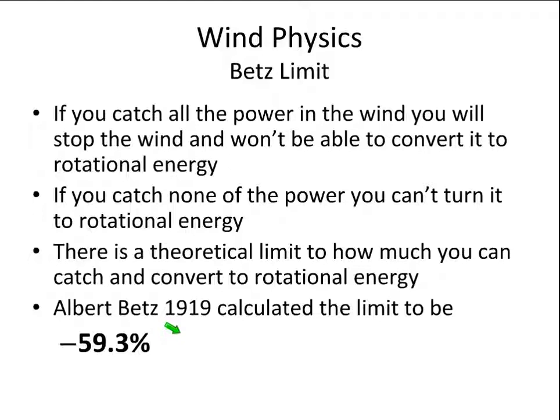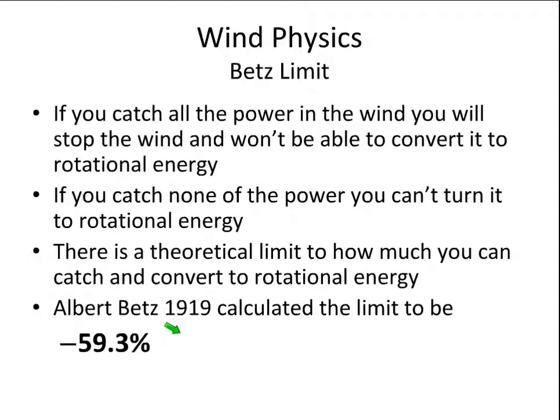What we're doing is taking energy that's movement in the air and turning that into rotational energy, and then in turn turning that rotational energy into electrical energy. Even on the rotational energy side, there's no way that we can catch more than about 60% of that.